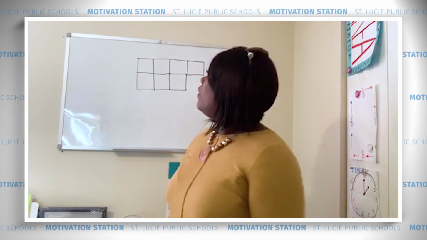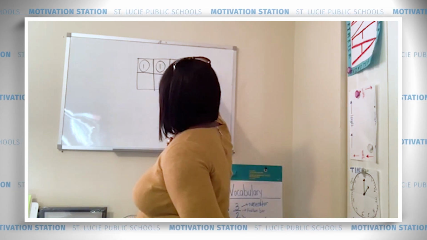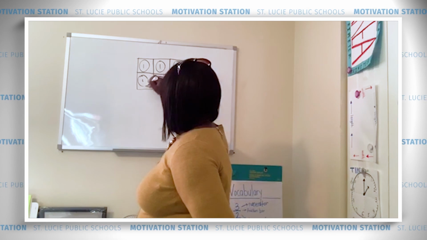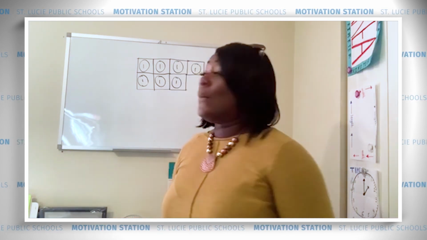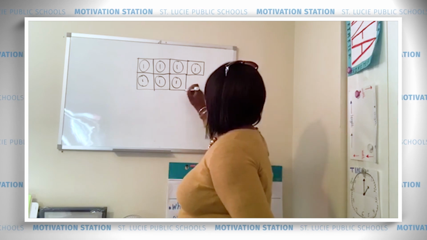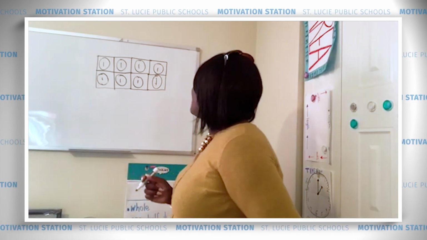Just as with the 2 cookies and the 2 people, the 4 cookies and the 4 people, if you have 7 cookies and 7 people, each person gets 1 cookie. How do you share 8 cookies with 7 people? I'm sorry. I wanted to do 8 cookies with 8 people. Each person will get 1 cookie.